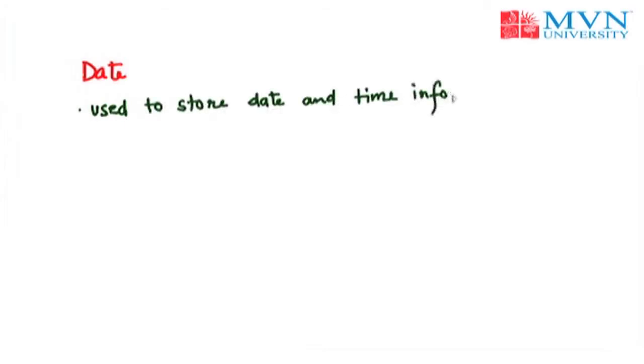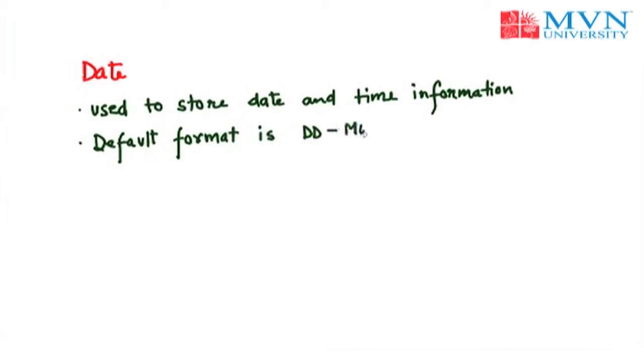Next data type is DATE. It is used to store date and time information, and the default format is DD, that is date, MON, that is month, and then YY, that is year.